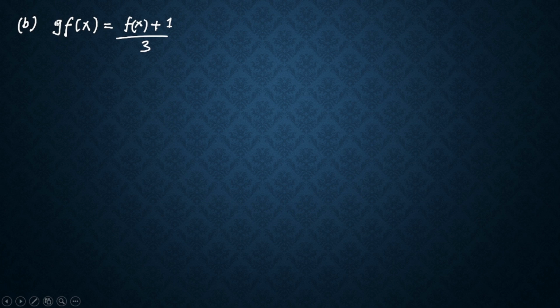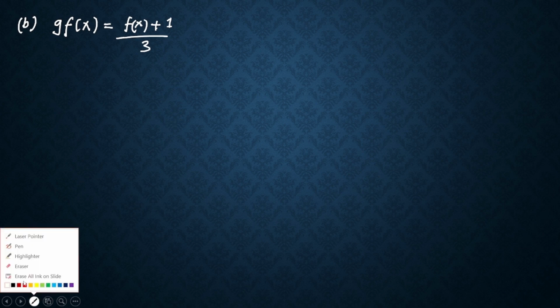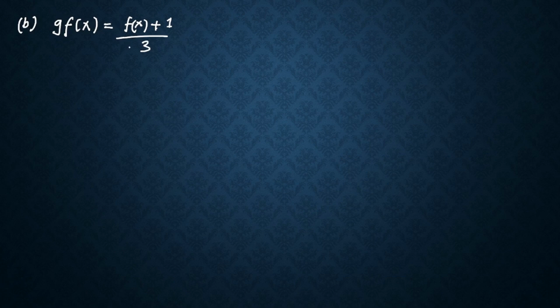So in our question, g of f of x is equal to (f of x plus 1) over 3. Here, where there is f of x, that's where we put our function for f, which happens to be 3x minus 4.